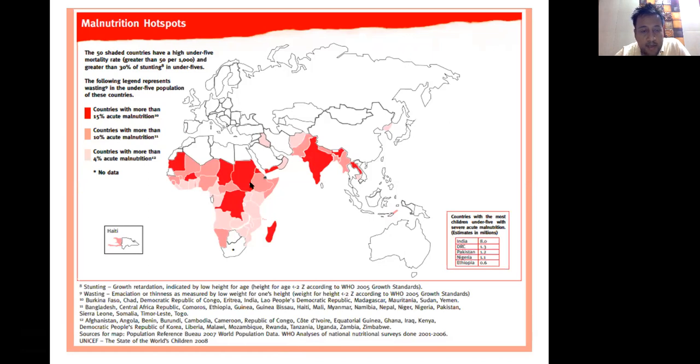The other major portion encompasses the African continent, especially Central Africa and a few parts of West Africa, which are showing very severe acute malnutrition. Still today, the same trend follows. We have severe malnutrition in India as well as in Africa, while parts of America, Europe, Russia, and Australia are largely free from malnutrition.